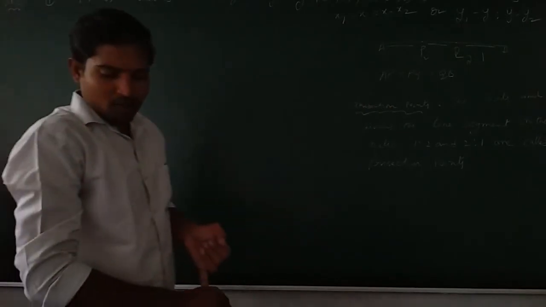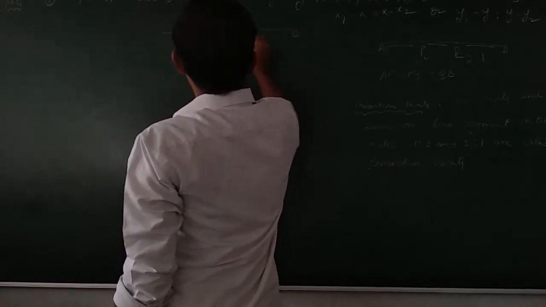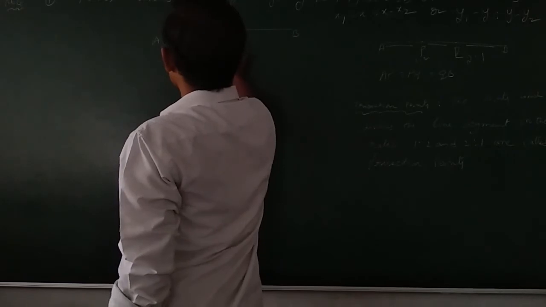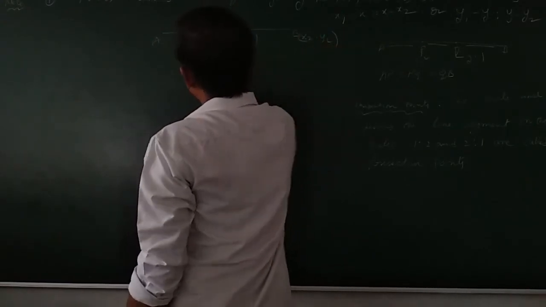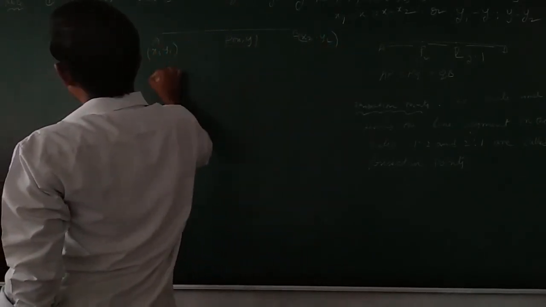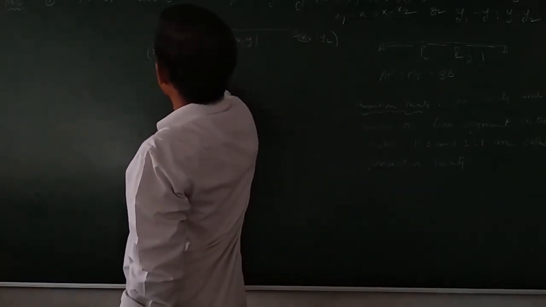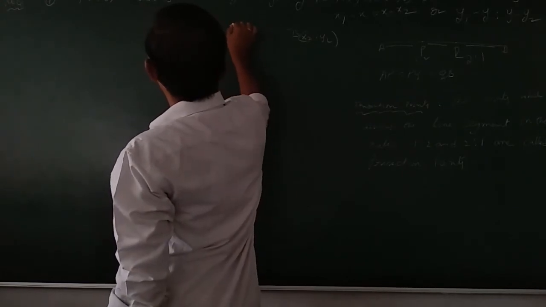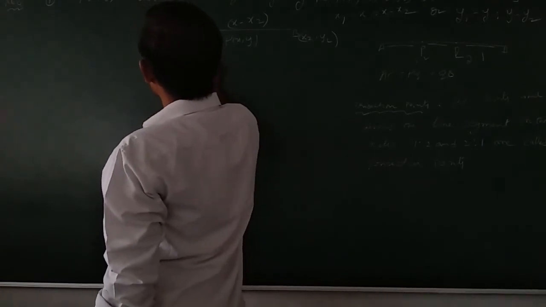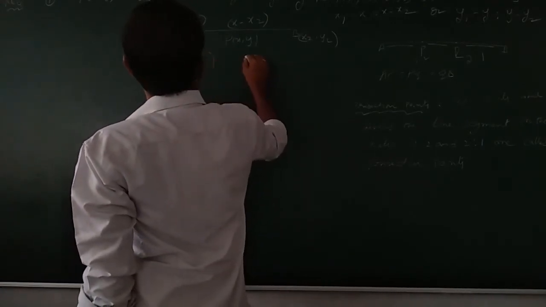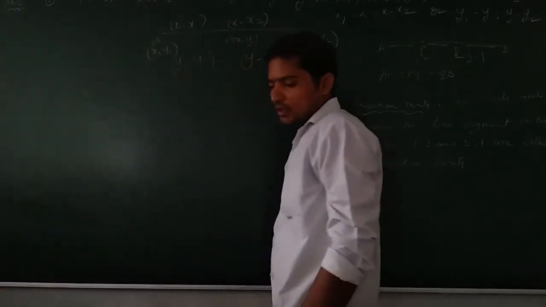So here in the figure, suppose A, P is (x, y), B is (x2, y2) and A is (x1, y1). Clear? Then x1 minus x and x minus x2, or y1 minus y and y minus y2. Clear? Next one.